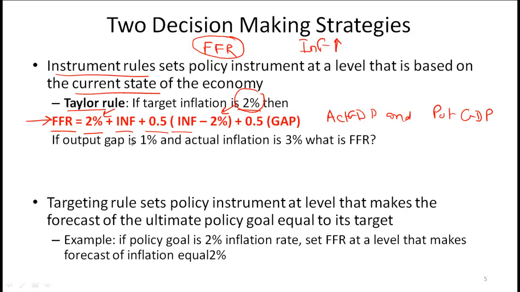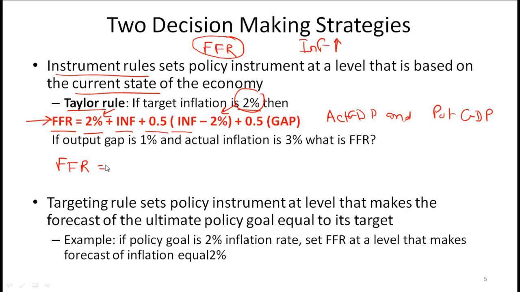Take a specific example now. If the output gap is 1%, this means that actual GDP is 1% more than potential GDP, and actual inflation is 3%. What must the federal funds rate be? So let's apply the Taylor rule formula.